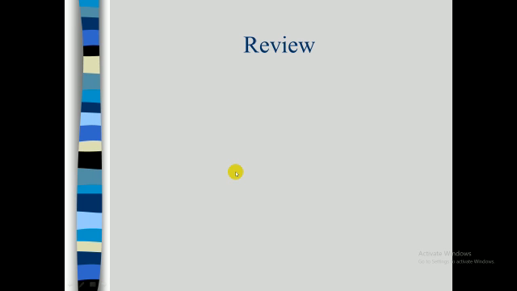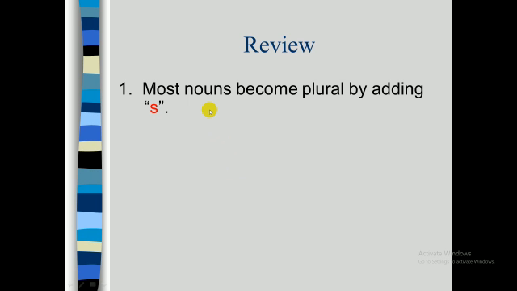Now, real quick, let's look at the review, the whole sum up of our lesson today. Number 1, most nouns become plural by adding an S. For example, cup, cups.